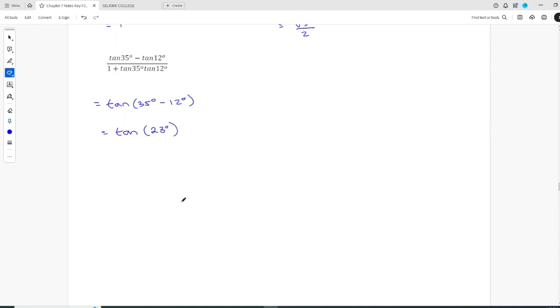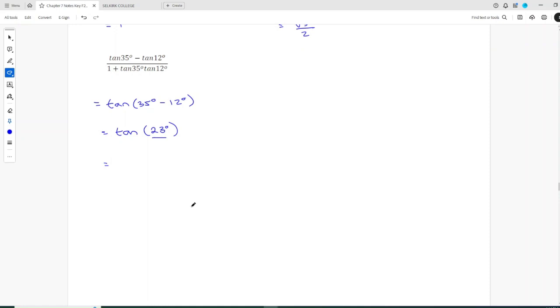Now, up until now, it's been really awesome that every single one they gave us worked out to be a beautiful special triangle and a special angle that we know. Tan 23 is not. So all of a sudden you feel like you've done something wrong, which is why I put this one in here. Because if you look at the back of the book, when it comes out as an angle that we do not know, you're allowed to just touch your calculator and then answer to 4 decimal places.